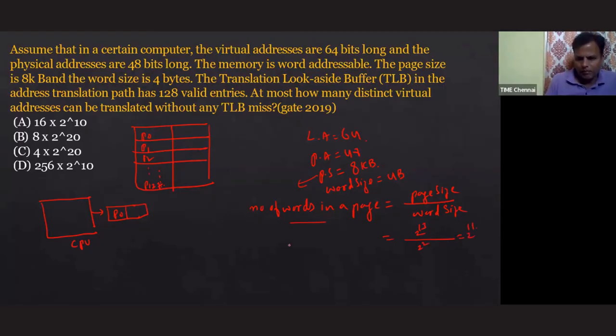So inside one page we have 2 power 11 words, or locations or instructions, whatever you can say. Like suppose inside the page I have 16 words, to point these 16, how can I represent 16? 2 power 4.